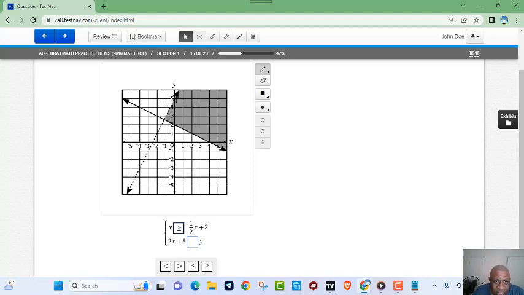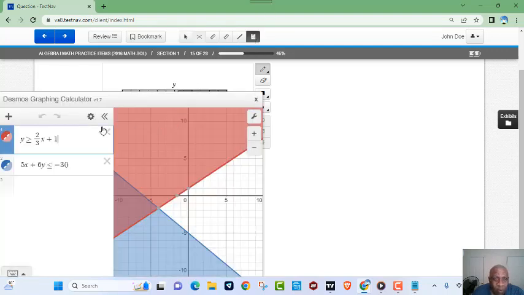Well, the plus 5 is, well, it's less than because it's shading everything less than. And it's a dashed line, so that means less than, no equal to. So that's going to be 2x plus 5 is, well, y is less than. Yep. Let me correct myself here. Y is less than.